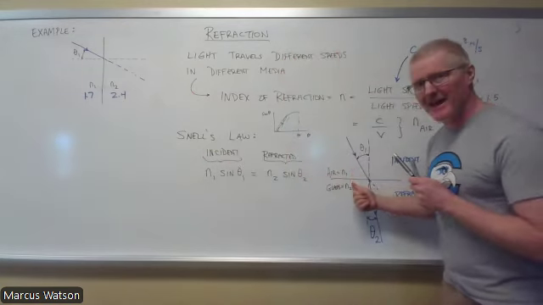Okay? So let's suppose that we have an angle of incidence. Suppose our theta 1 is something like 60 degrees, and let's figure out what theta 2 is going to be.